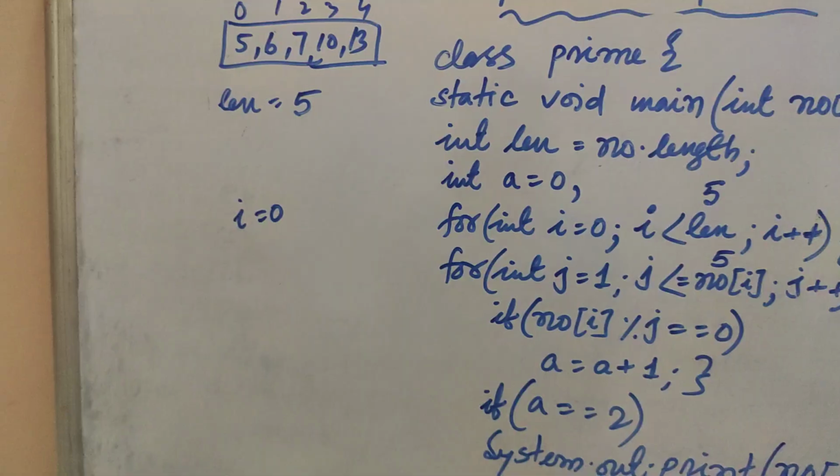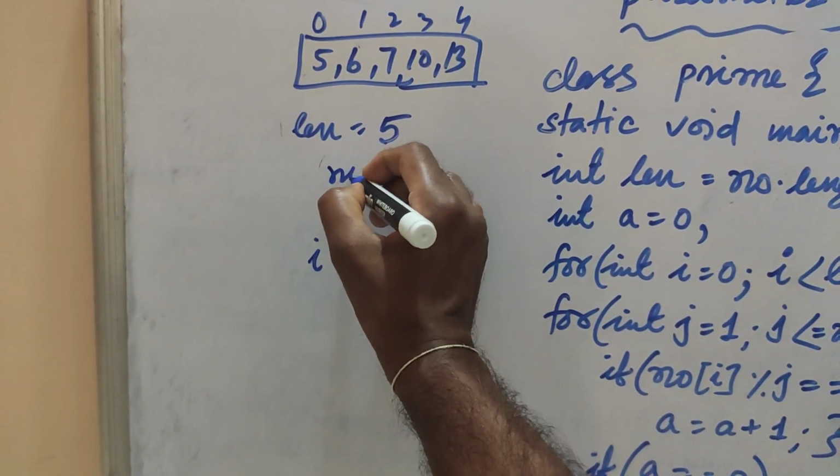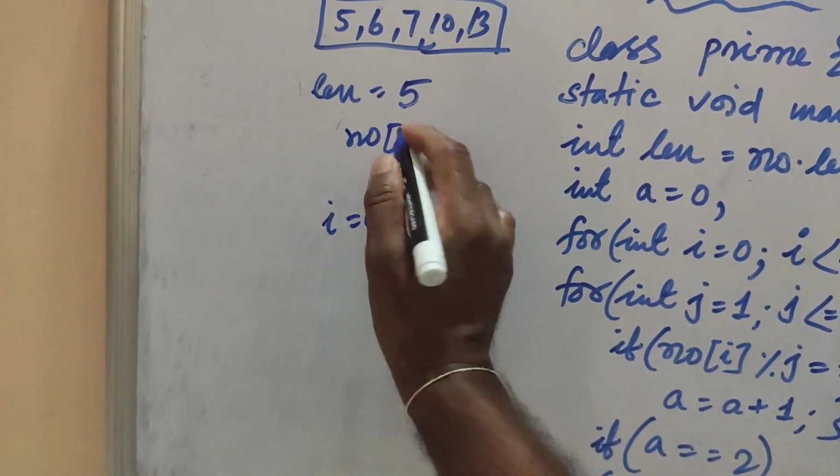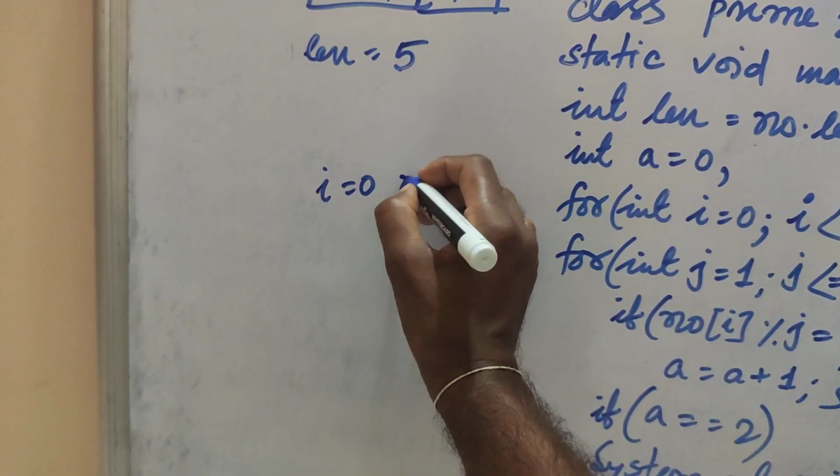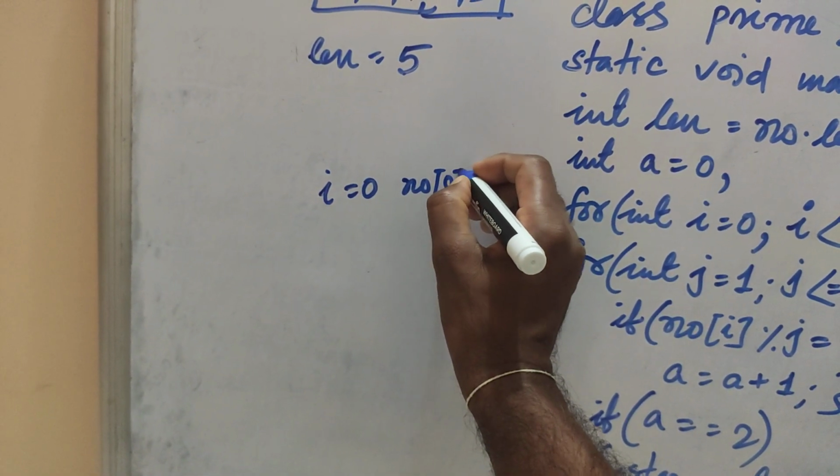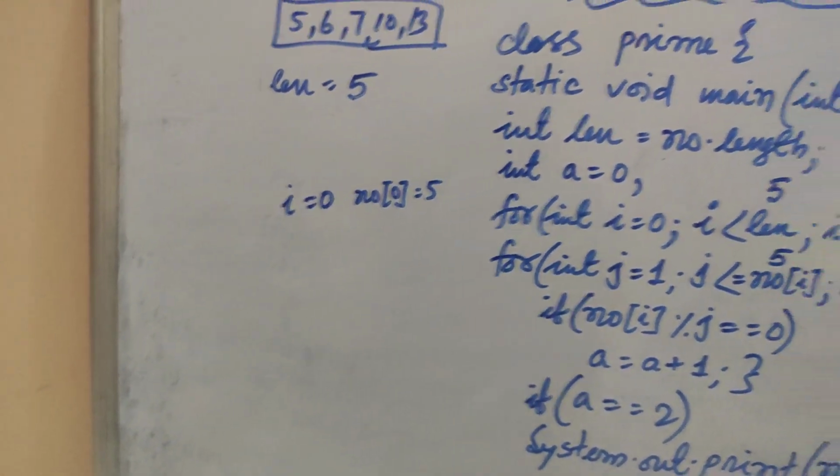So number[i], that is number[0], equals 5.